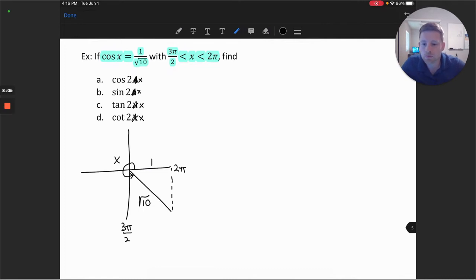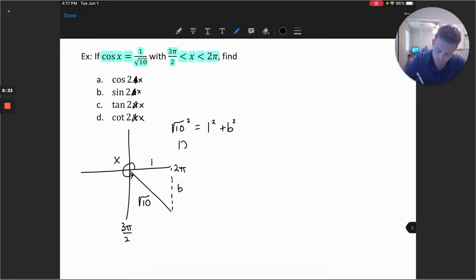All right, so let's consider now finding the double angle. We do need that opposite side to figure that out. So if I wanted to find that opposite side, I know that the square root of 10, quantity squared, is equal to 1 squared, and then we'll call this side b, so b squared. We'll go out and solve for that opposite side.